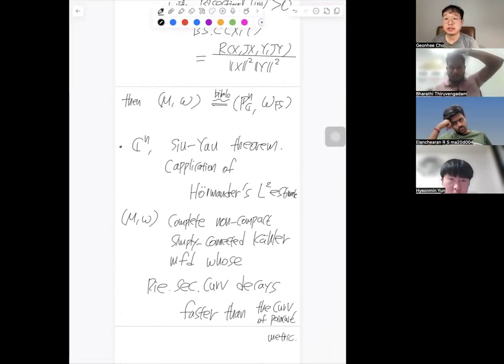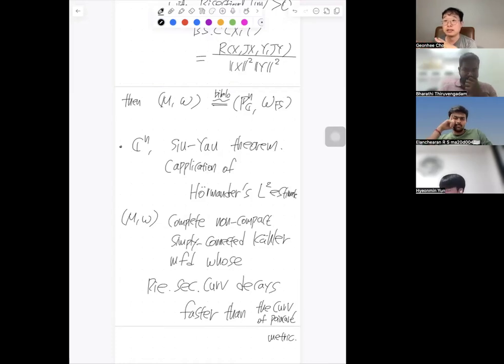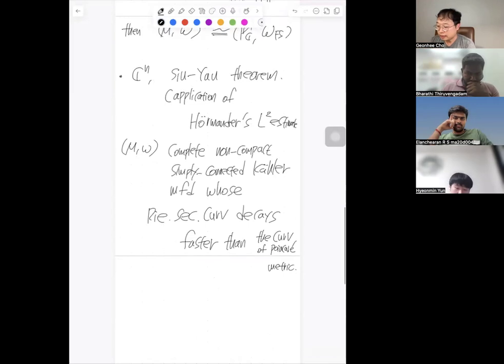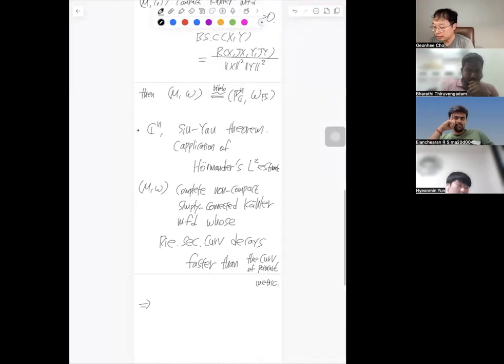This condition can be described in a more quantitative way, but I just want to say that the sectional curvature satisfies a slightly faster decay condition than the hyperbolic case. Then by using Hörmander's L2 estimate, it was proven that this is biholomorphic to Cn with the standard metric.